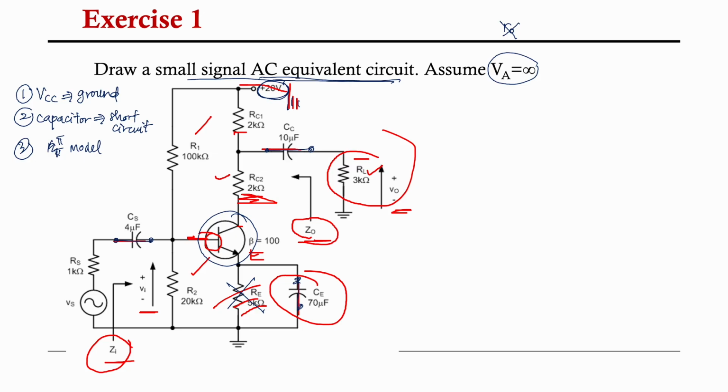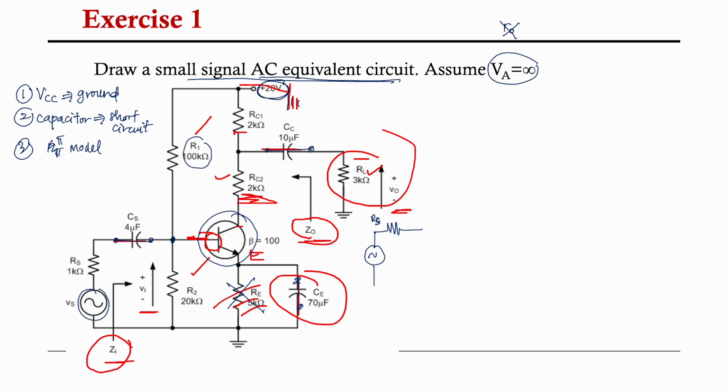So how will the circuit look? Alright, we're going to have VS here. This is our VS, so we still have our VS. Next, we have our RS, not RC. Next, it will meet this junction.